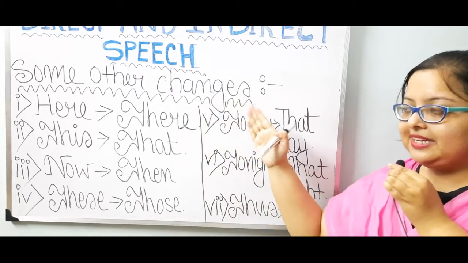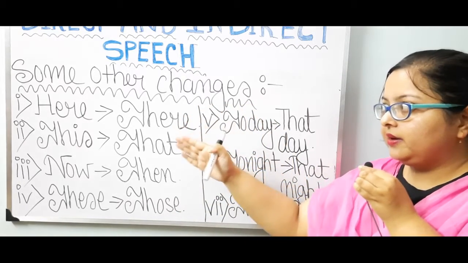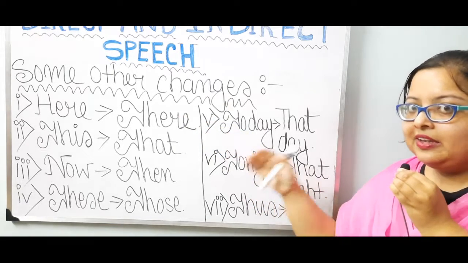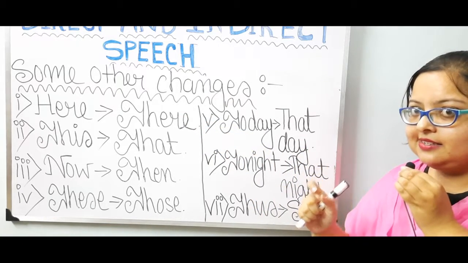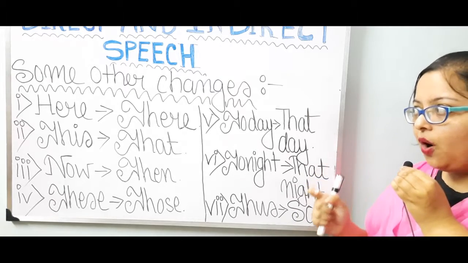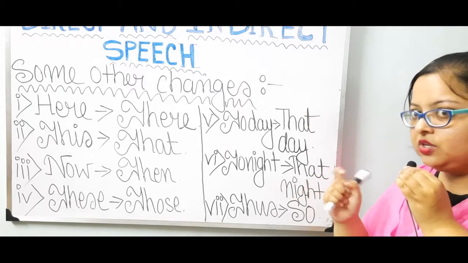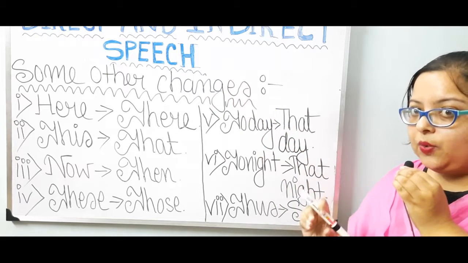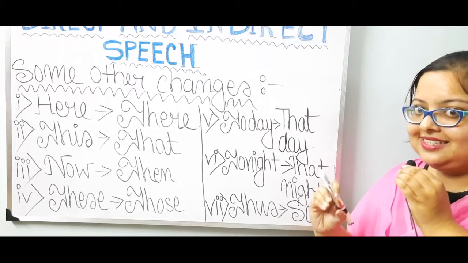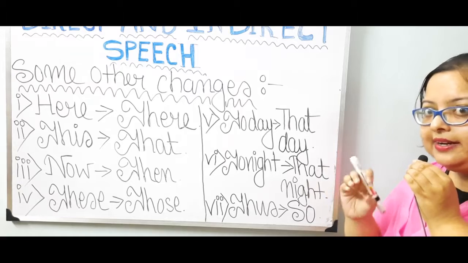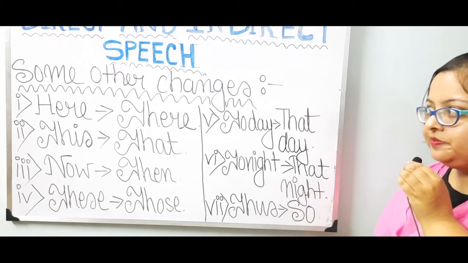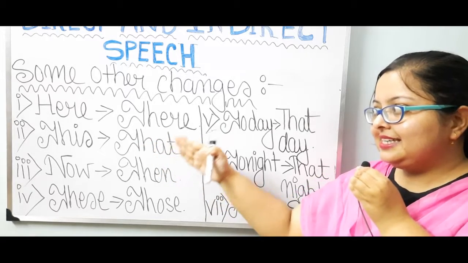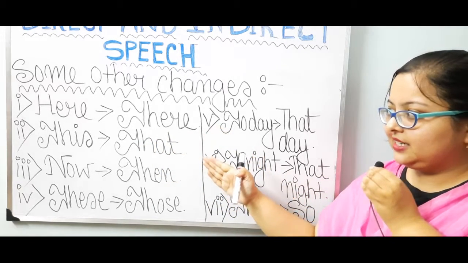Some other changes. Number 1, here is turned to there, when a sentence is changed from direct to indirect speech. So there are some other changes when a sentence is turned from direct to indirect speech. Next, number 2, this is turned to that.